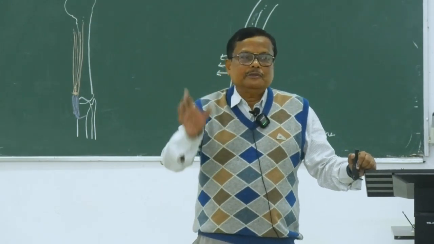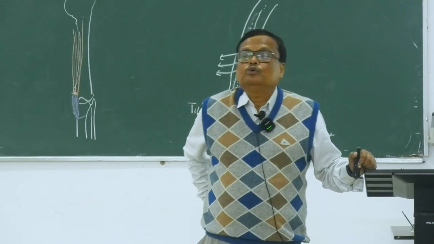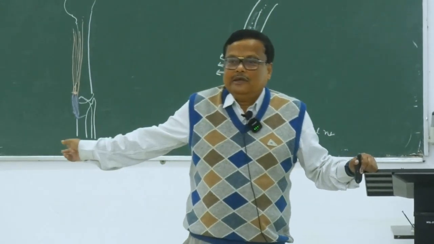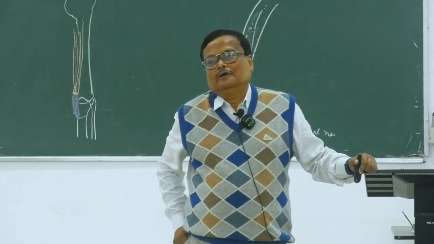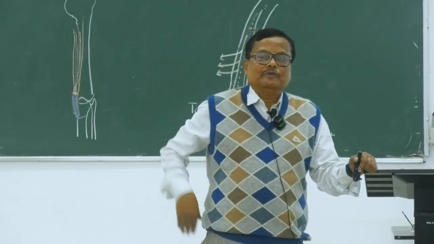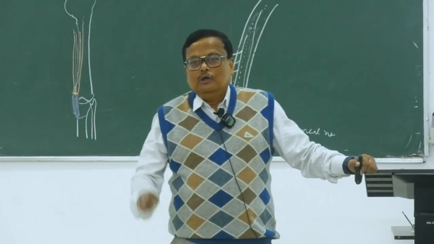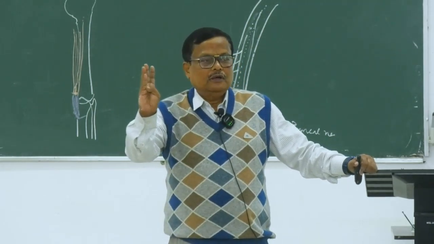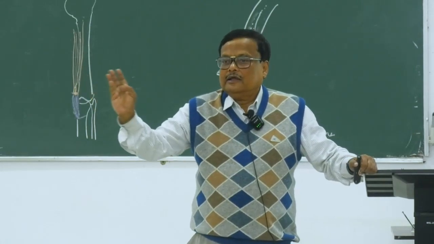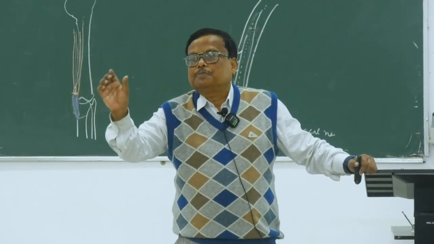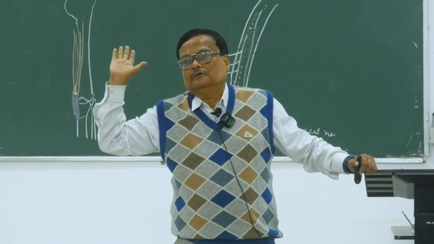And this part is represented by the sacrotuberous ligament. Just as the medial collateral ligament of the knee joint here, that is the sacrotuberous ligament, which is nothing but a biceps femoris remnant. So, long head of biceps femoris and adductor magnus are regarded as modified or specialized hamstring muscles.